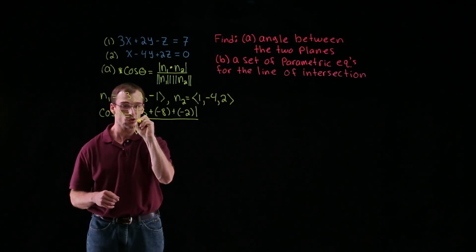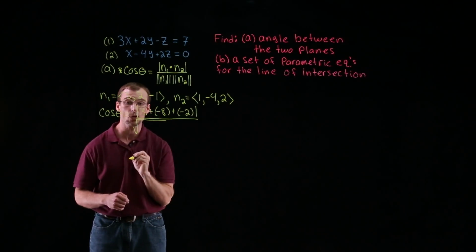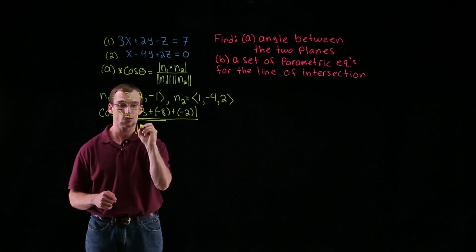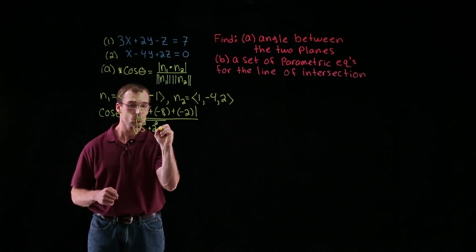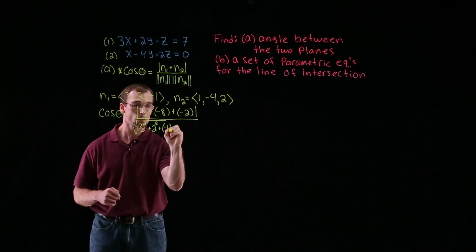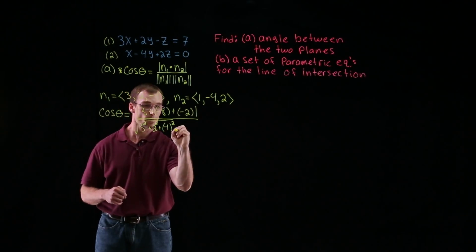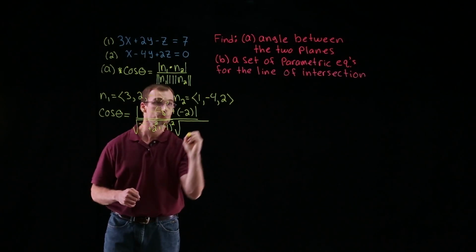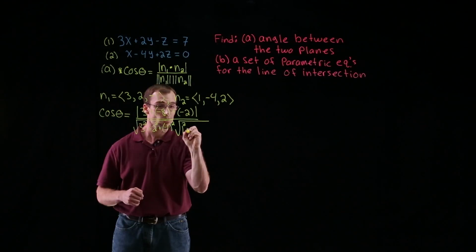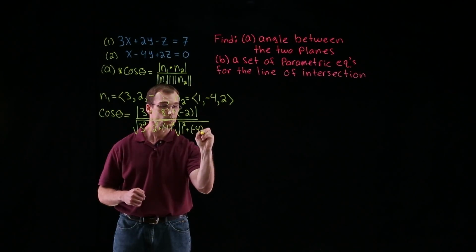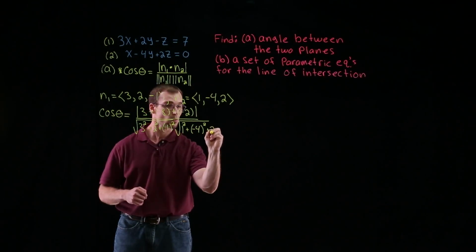The magnitude is the square root of the sum of squares of the components. So for n1, we have the square root of 3 squared plus 2 squared plus -1 squared, times the magnitude of n2, the square root of 1 squared plus -4 squared plus 2 squared.